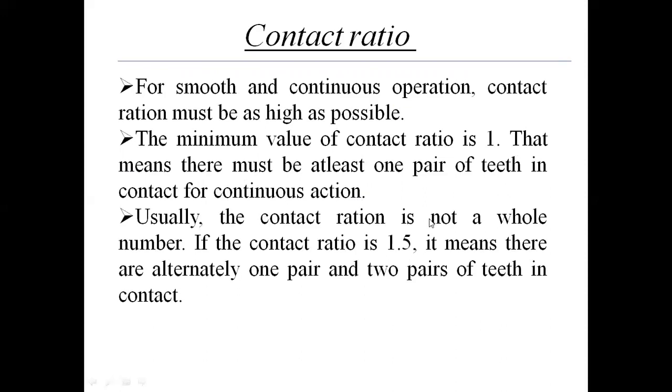Usually, the contact ratio is not a whole number. If the contact ratio is 1.5, that means there are alternately one pair and two pairs of teeth in contact. If we take the average of one pair and two pairs, it becomes 1.5.